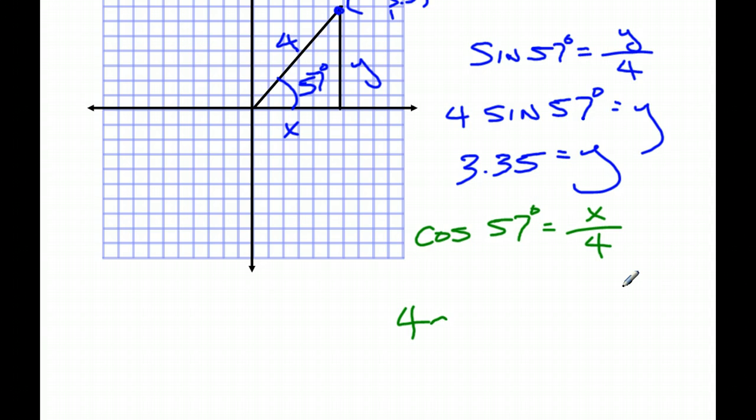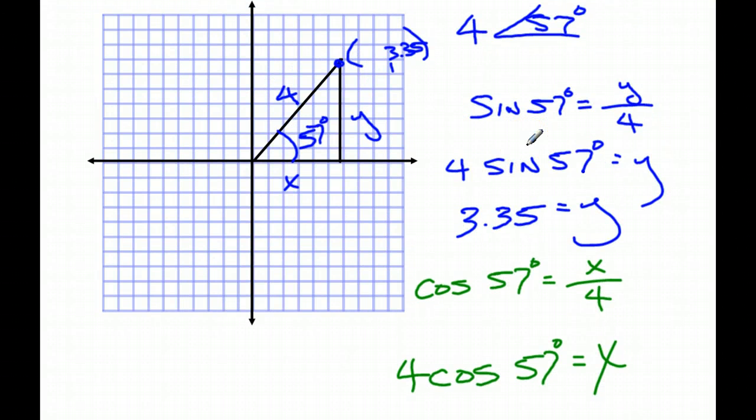So 4 times the cosine of 57 degrees equals x. So what is my x value? 2.17. 2.18. So my x value is 2.18-ish. So that's that point.